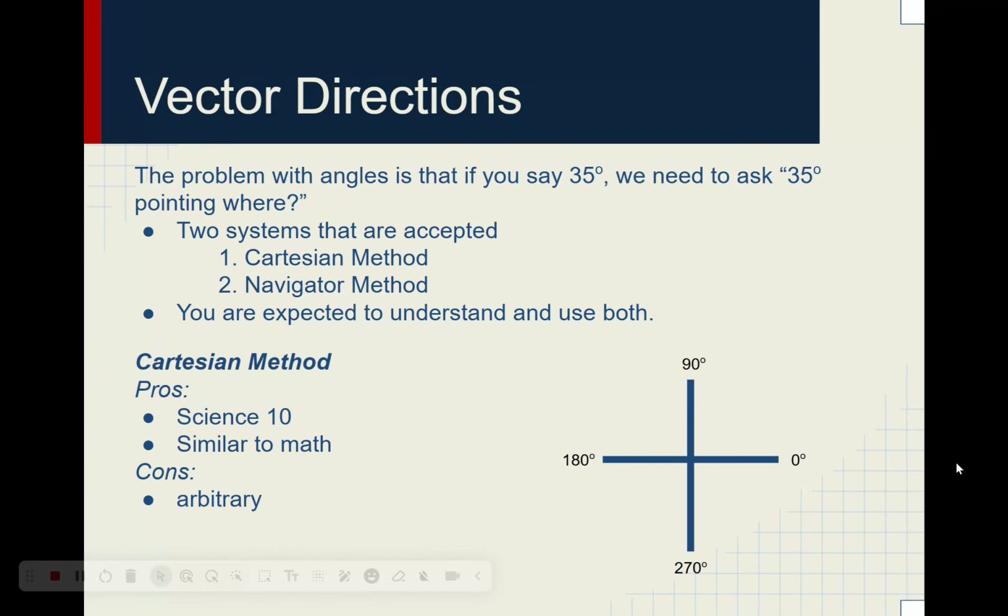The Cartesian system is based on this classic idea of making the positive x-axis 0, and then, important to us here, is the idea that we are going counterclockwise around this big unit circle sort of thing. So 0 is on the positive x-axis. 90 degrees is pointing straight up.